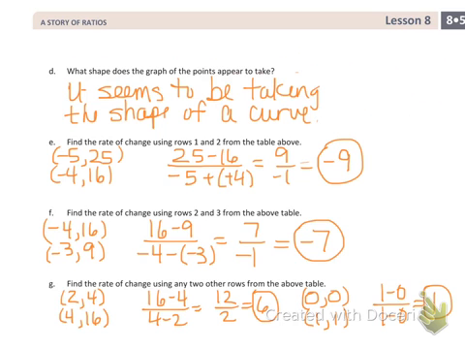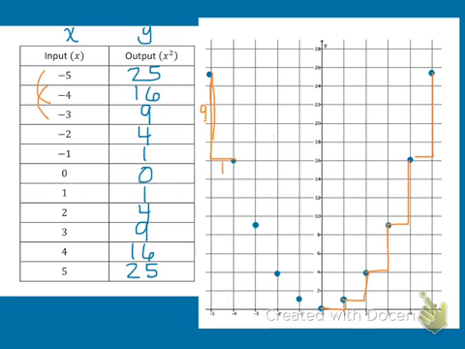Let's go back and look at it one more time. Here's our function, and if I can try to draw a smooth curve through here, and that would be it. So it's a continuous function. This is called a parabola, but it's a U-shaped curve.